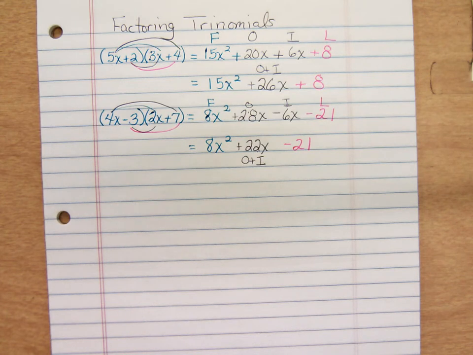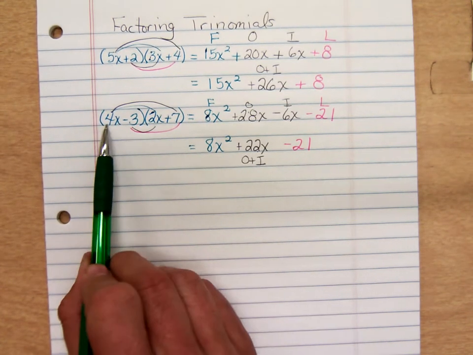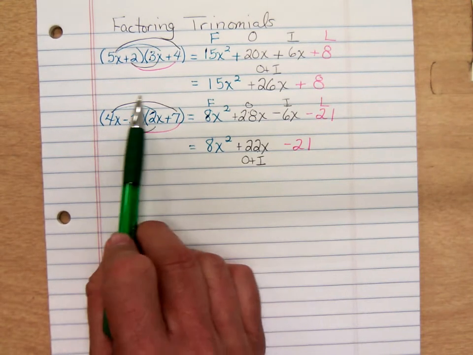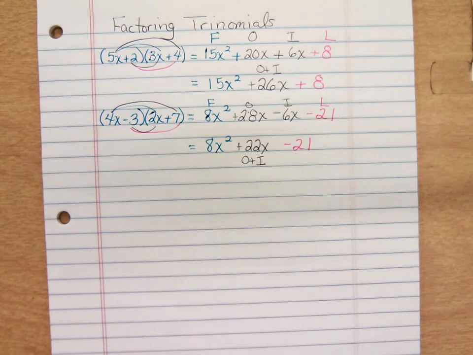So, continuing on, if we are talking about going backwards here, given this trinomial, how do we go back and fill this in? So that's what we mean by factoring. And I want to make a few observations.